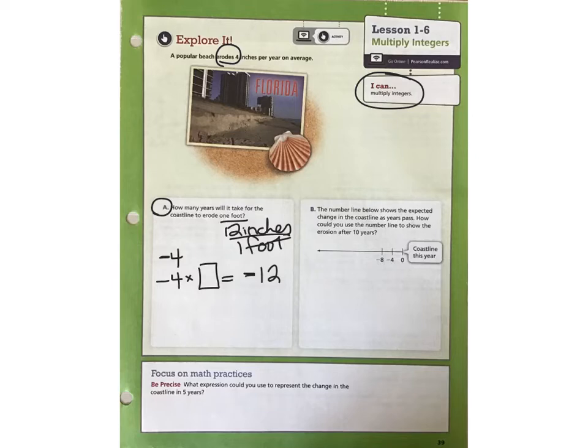Well, remember, we can look at this multiplication problem from the standpoint of repeated addition. After 1 year, the coastline would erode 4 inches. After 2 years, it would erode another 4, which is a total of -8.